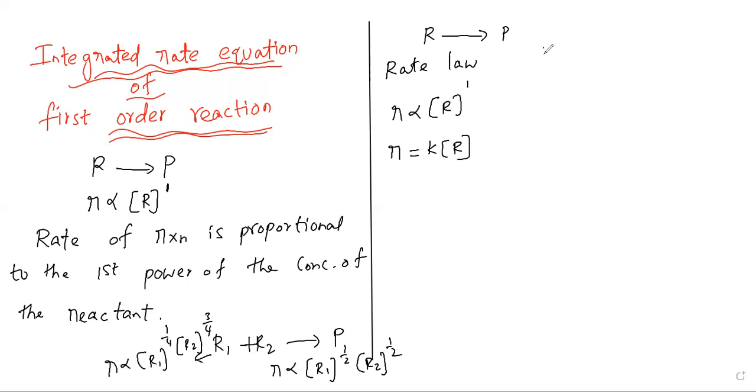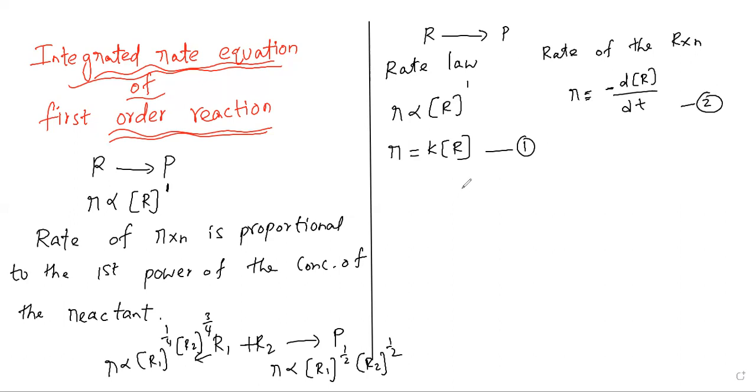For this reaction, the rate of the reaction equals the decrease in concentration of reactant by time, right? So the change in the concentration of reactant divided by the change in time. Take this one as first and this as the second.